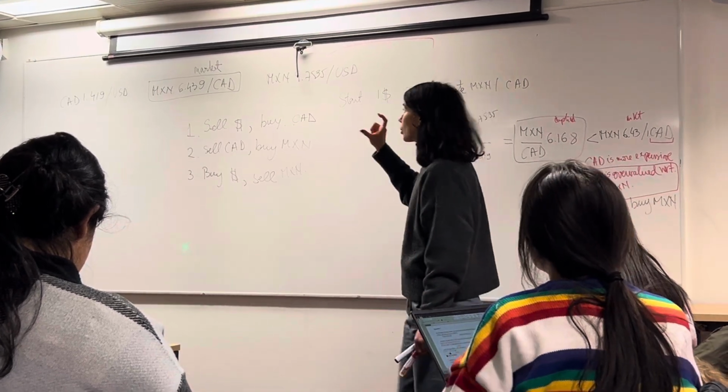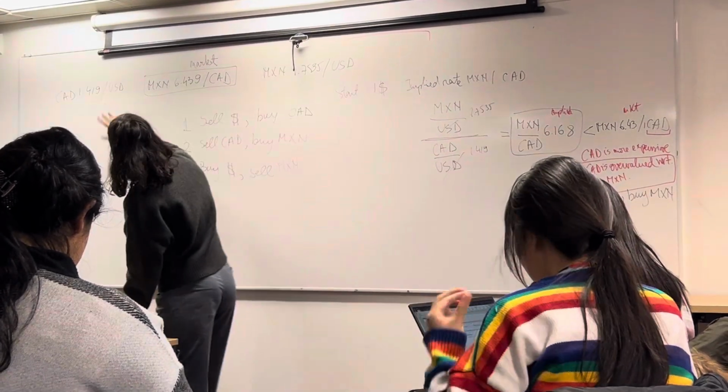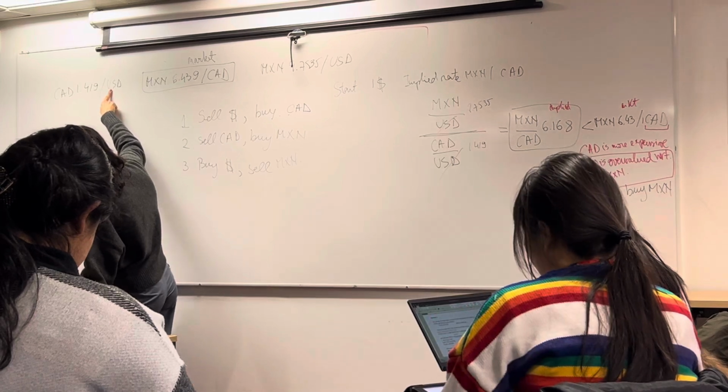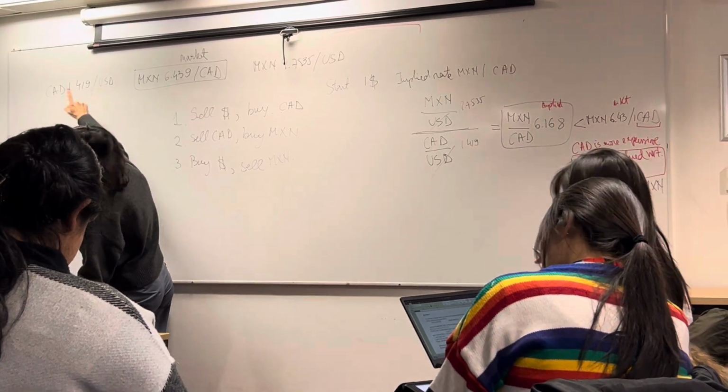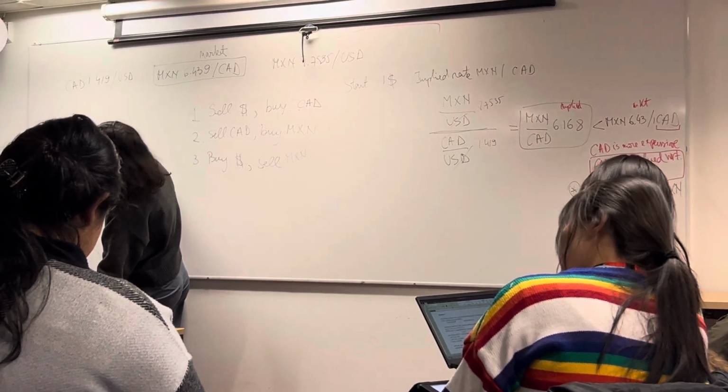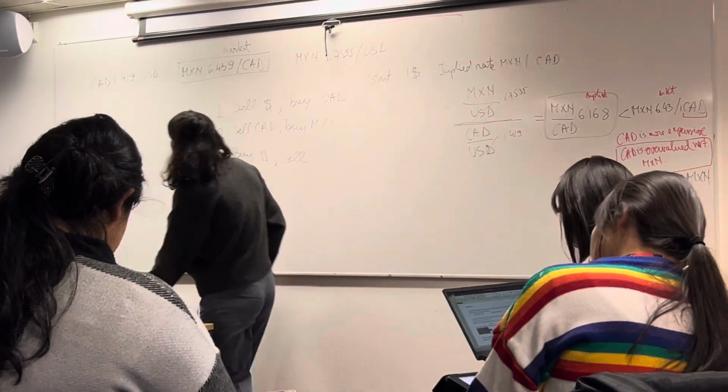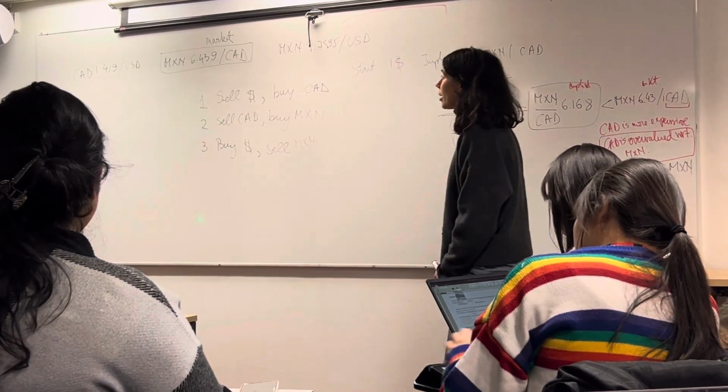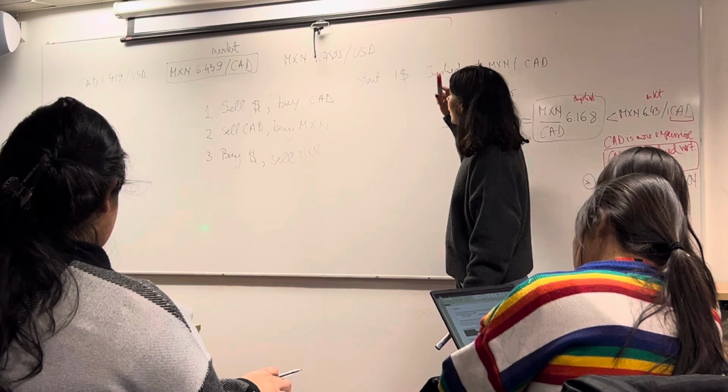So let's say you compare CAD USD implied with this. It won't be incorrect, but it will involve one more iteration, I would assume.